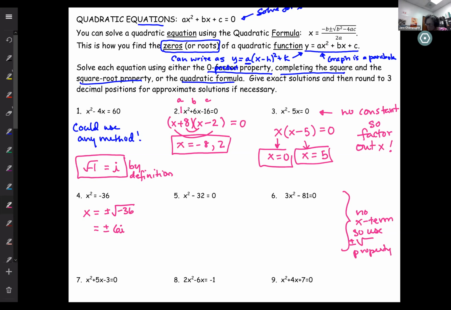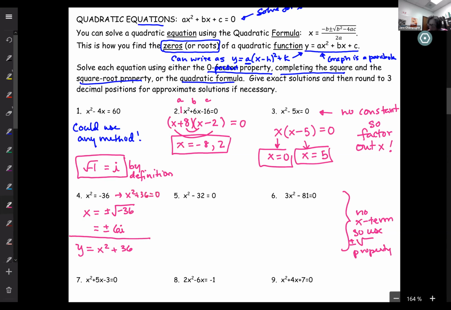This one, by the way, corresponds to the function y equals x squared plus 36. What does the graph of that function look like? Right? If I were to set this equal to 0, I would get x squared plus 36 equals 0, right? So this is the corresponding function.